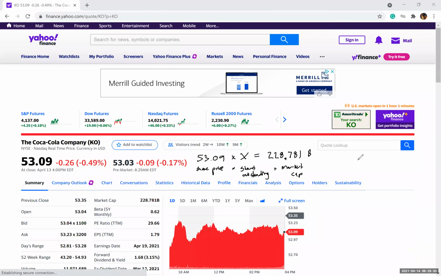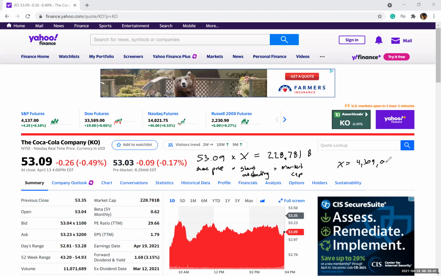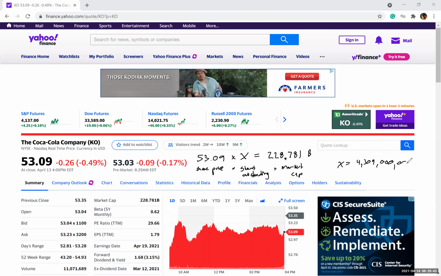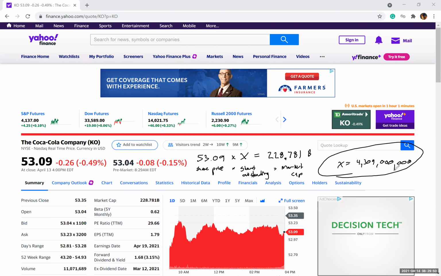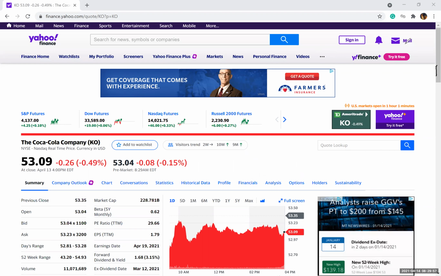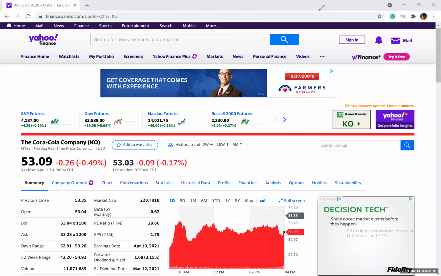So X is equal to 4.309, and this is in billions. This should be the amount of shares outstanding, 4.3 billion, essentially.